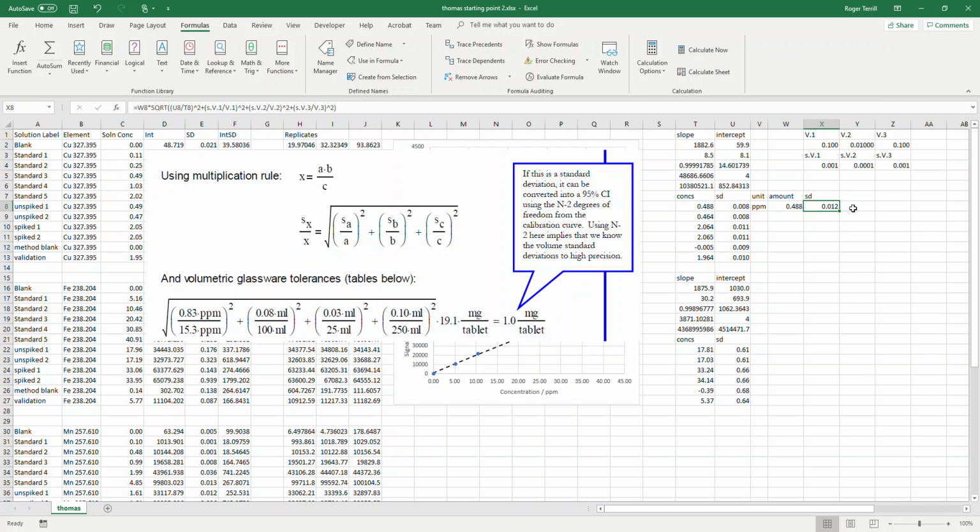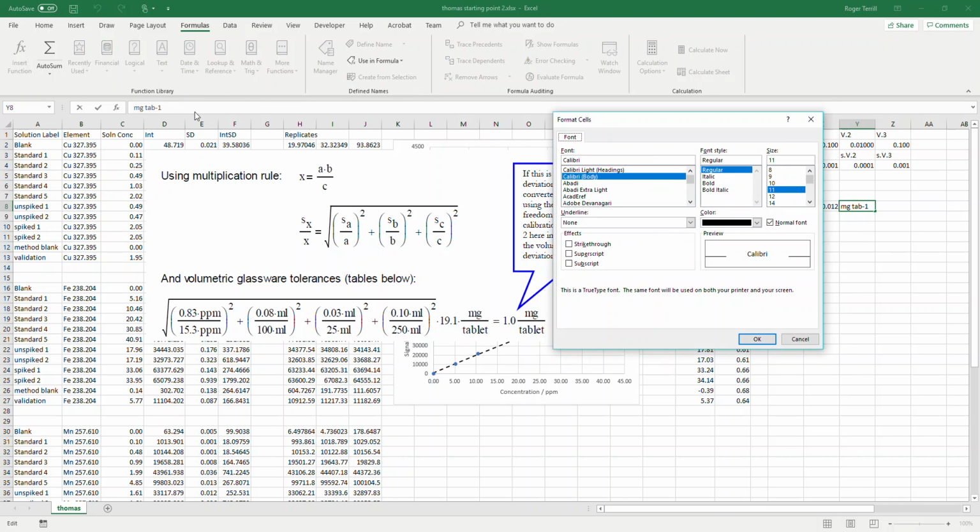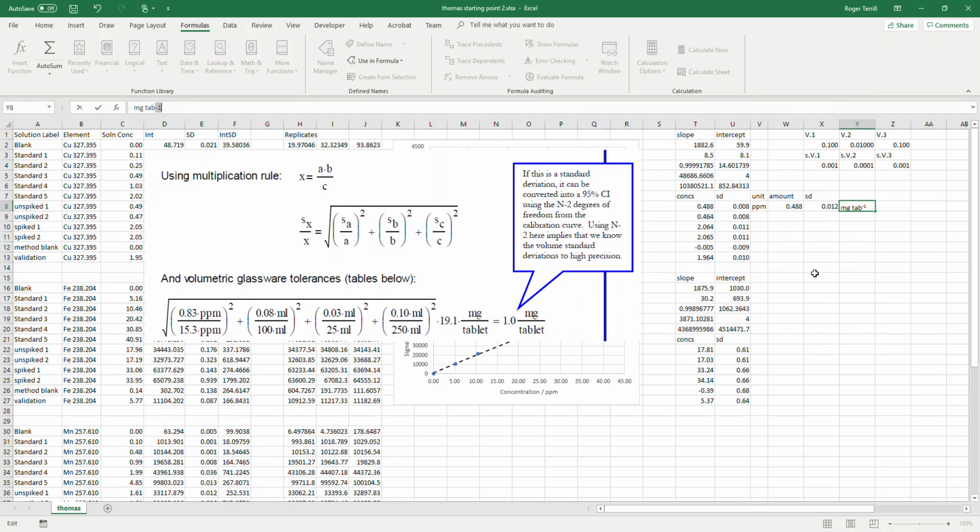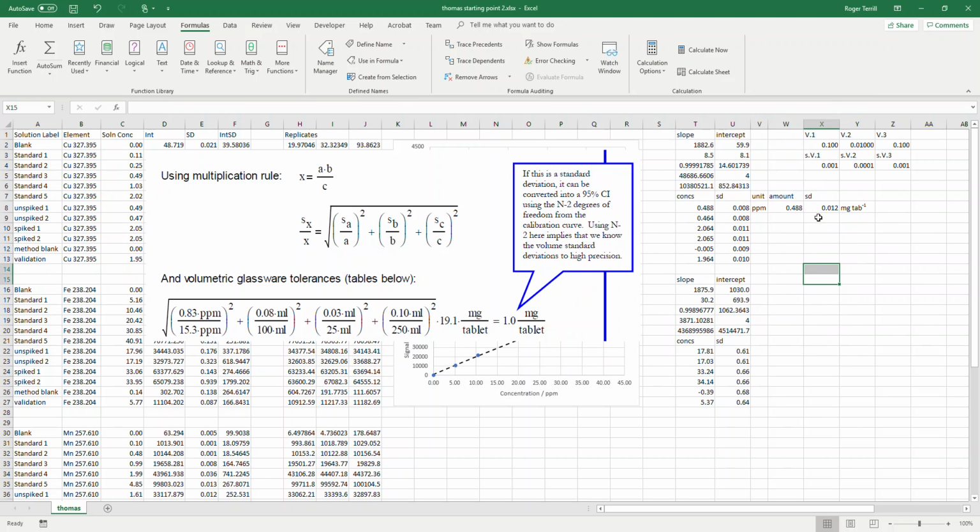So the unit here is going to be milligrams per tablet, right? So I'm going to type mg space tab to the -1. And in order to get it to write -1 up here, I'm going to highlight it, say control 1, go superscript, and OK. There we go.